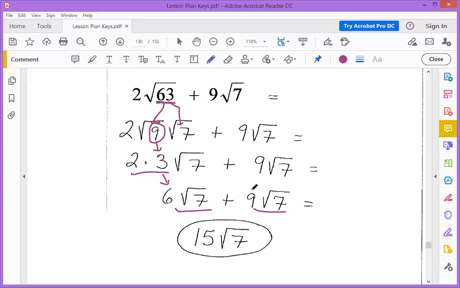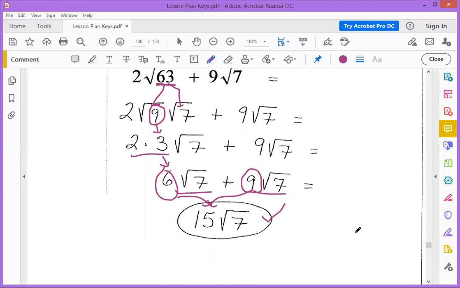So we can add them. 6 plus 9 gives us 15 square root 7. You first want to simplify, find the largest perfect square number that can be divided into 63, and then you can combine the like terms.